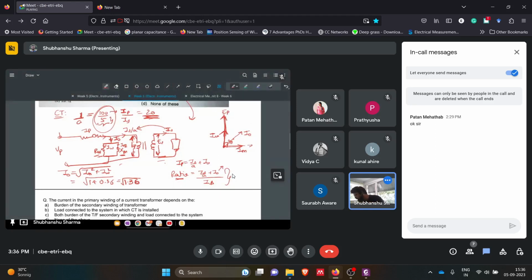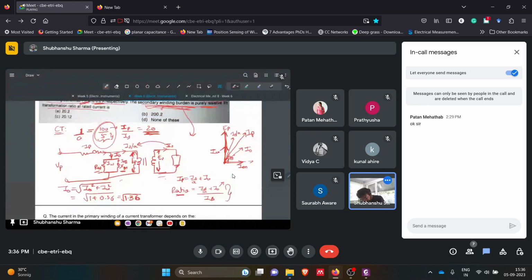Now see what will happen. This will be IS by A, and this will be somewhere our resultant, our IP current. So we have something like this.